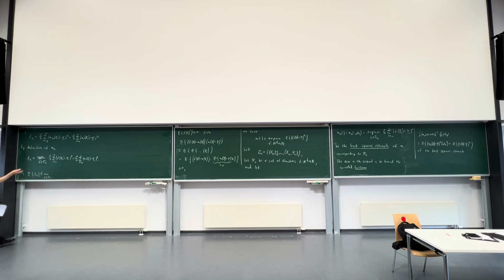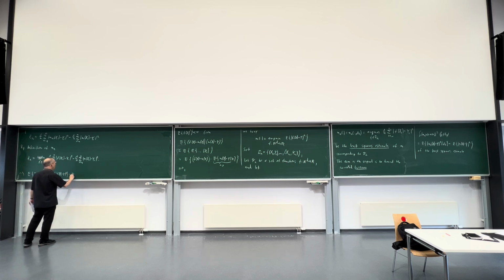Then you get this first expectation, well, that's just the L2 risk of the function f, because (x1, y1) until (xn, yn) are IID. So that is equal to the expectation of (f(X) minus Y) squared, and the second expectation is equal to the expectation of (m(X) minus Y) squared.